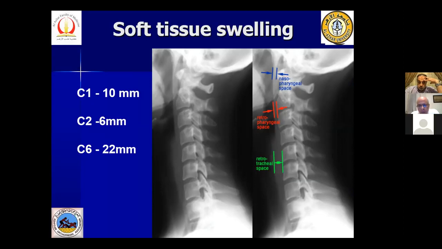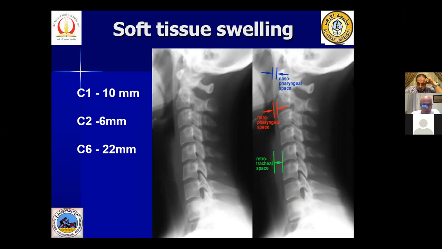At C6 and down, it is 2 centimeters. This is a simple equation. You can remember it in the future. 2 6 6 2: 2 means that at C2, it's about 6 millimeters. 6 means that at vertebra C6, it is 2 centimeters.